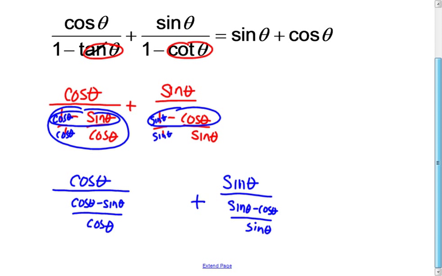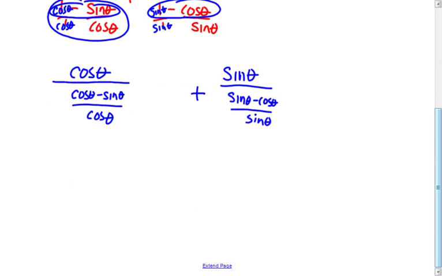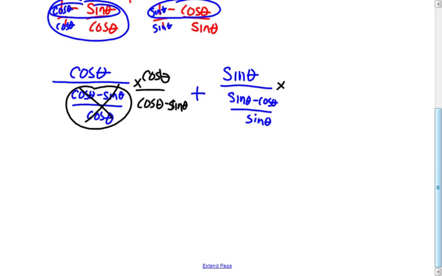Okay, then what I'm going to do is I've got these double fractions here that I need to deal with, so I need to flip them. So instead of dividing by this quantity, I can multiply by its reciprocal. Okay, so that's gone. Same thing here. Instead of, whoops, I messed that up. Cosine minus sine, it should be. Okay. And then, instead of doing this one, I can multiply by its reciprocal.